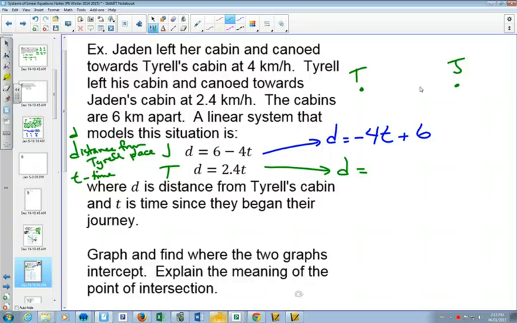But if I was going to graph this by hand, a decimal is a little bit hard to do. Can we change 2.4 to a fraction? Close to 5 divided by 2, which is 2.5. But how do we change things to a fraction?